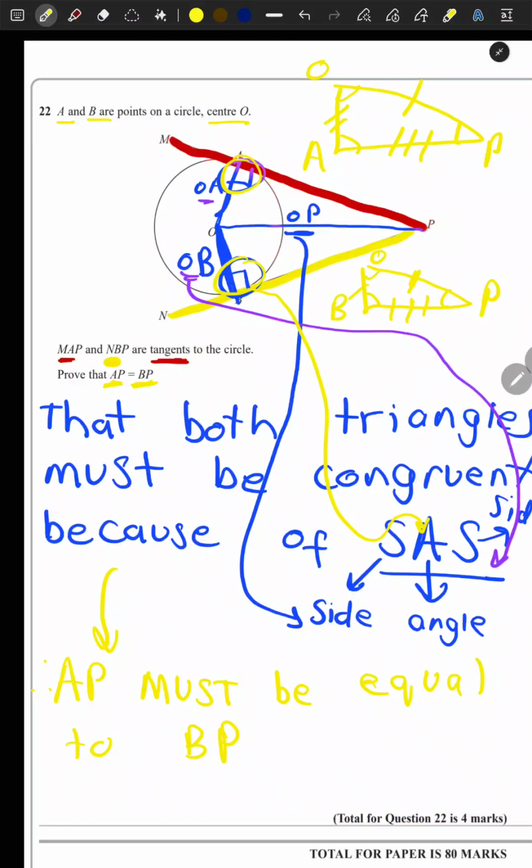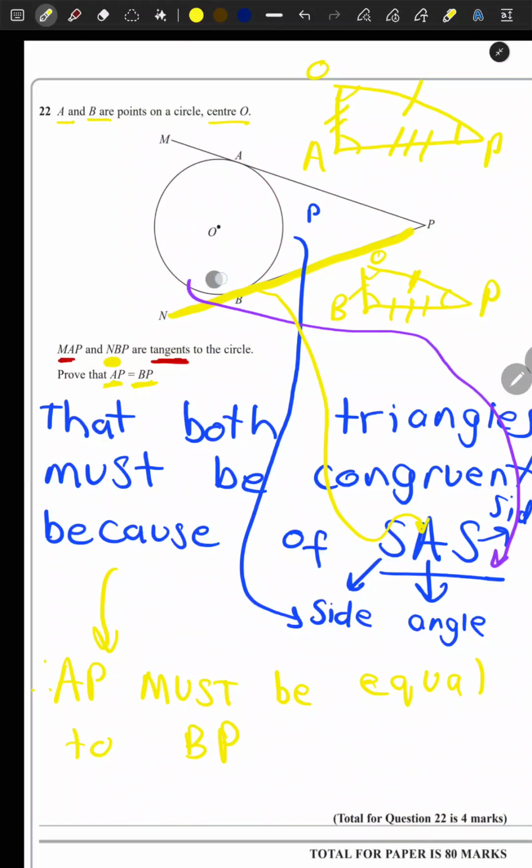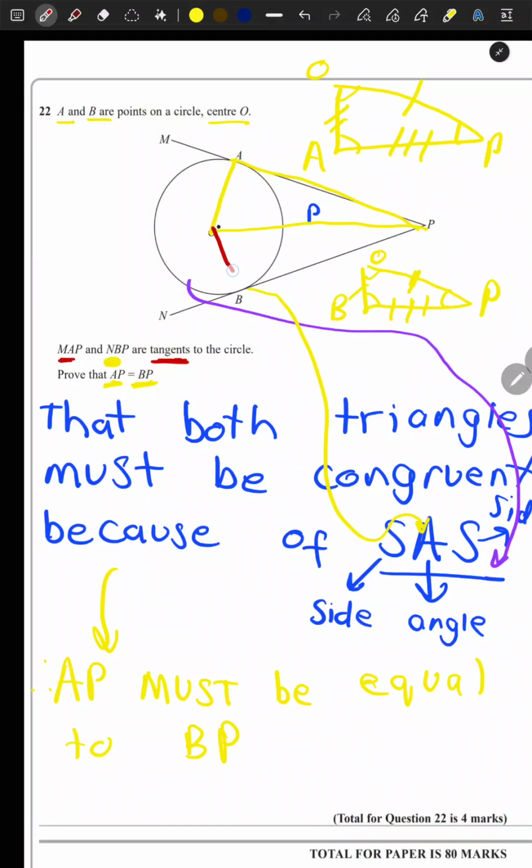Both triangles are the exact same, just in a different orientation, so BP must be the same length as AP. Hence, we have proved that AP must be equal to BP. Thanks for watching.